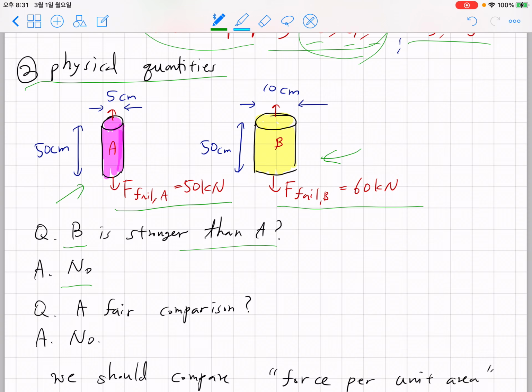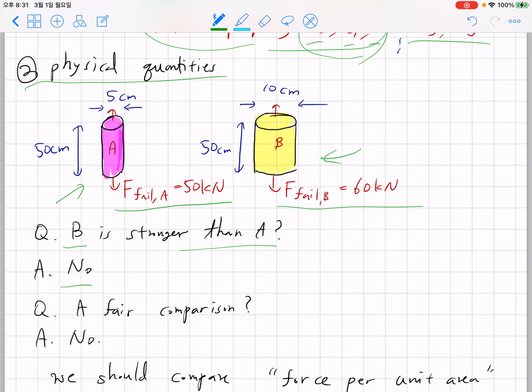The comparison we can make is this: if you make a cylinder out of steel with a diameter of 1 nanometer, and you compare it with a same-length cylinder of rubber eraser with a diameter of like 10 centimeters, of course your rubber eraser will sustain a much larger force, right?